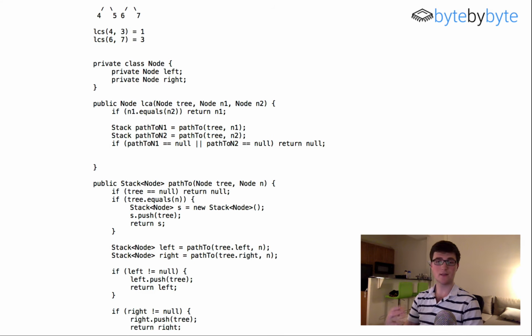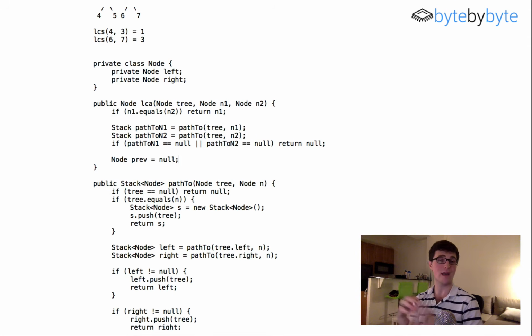And otherwise, we are going to go through and we're going to compare them. So I'm just going to create a node that's going to track the current ancestor. So node prev is going to be equal to null. What I'm going to do is go through the stacks, popping items off as long as the stacks are not empty, and setting that item to be prev.